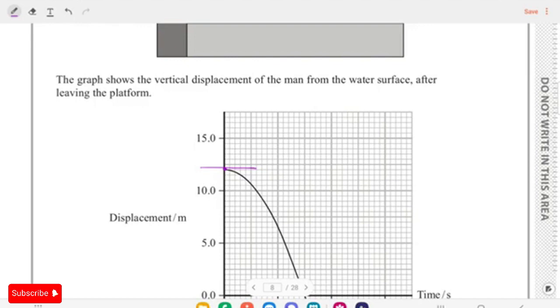So obviously, at the initial point, the vertical velocity will be 0 because the gradient is 0. So we can write that at the start the gradient is 0, and we can calculate it by drawing a tangent at t equals 0, which indicates that velocity will be 0.